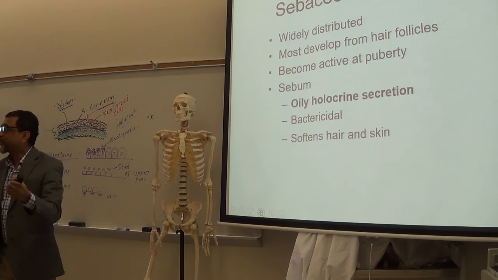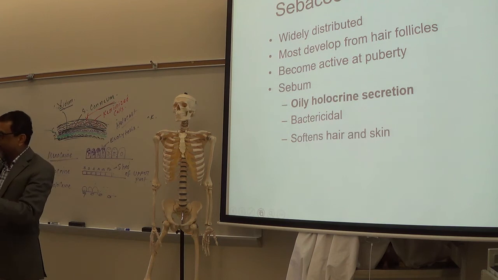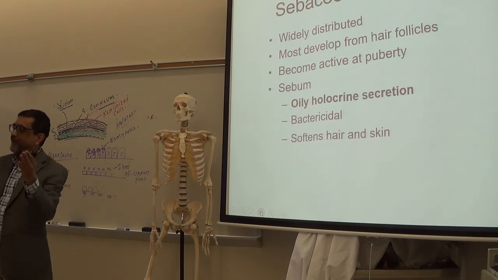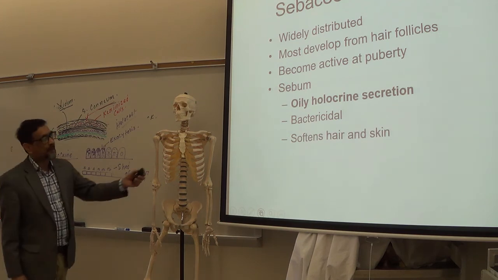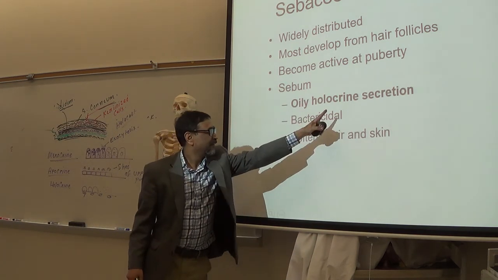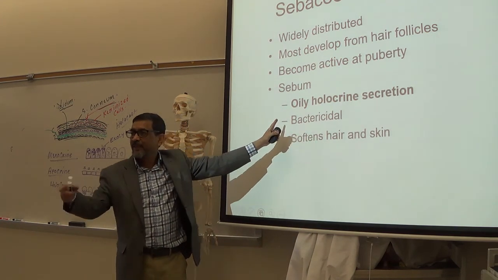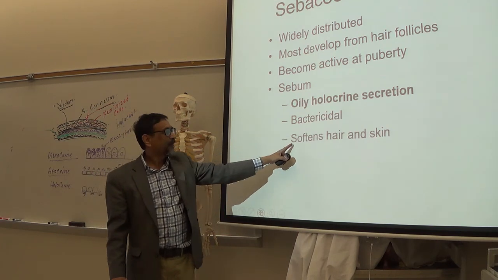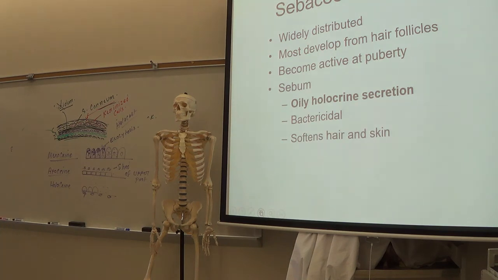The name of secretion of sweat glands is sweat, and the name of secretion of sebaceous gland is sebum. Sebum is oily secretion. It has bactericidal action, that means it can kill bacteria, and it softens hair and skin. This secretion makes the hair oily and soft.